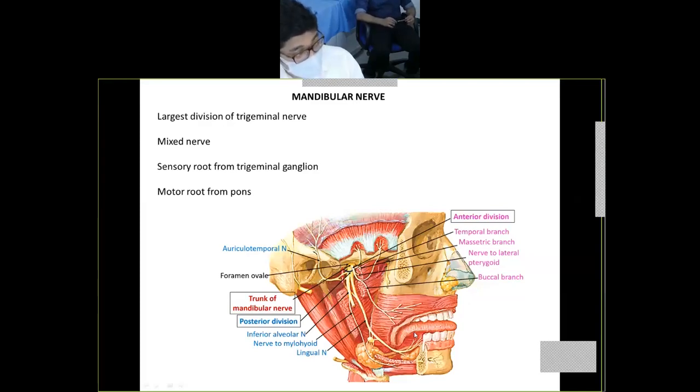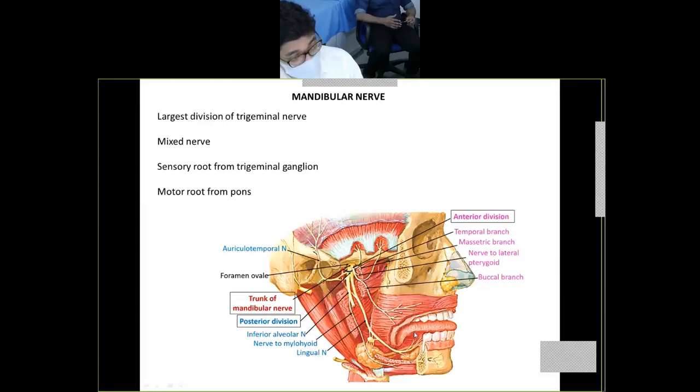Here, the craniosacral. So the cranial part is controlled by four ganglions. First one, the ciliary ganglion. Second, otic ganglion. Third, pterygopalatine ganglion. Fourth, submandibular ganglion.